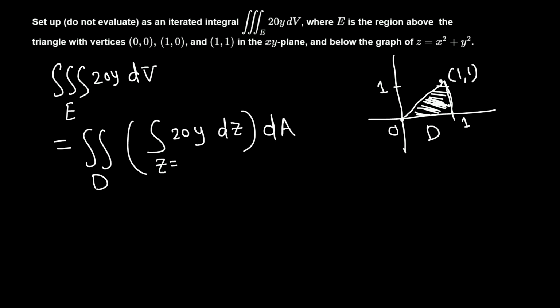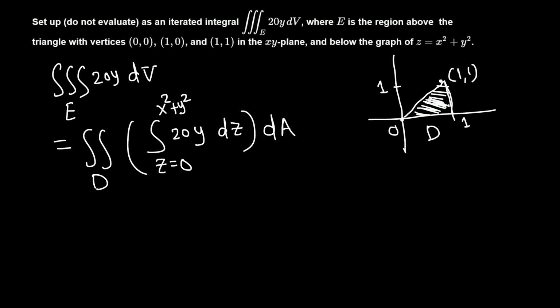Let's first find the bounds for z. It says above the triangle, that's in 2D, so z is 0, and below the graph of g equals x squared plus y squared, so that goes on the top: x squared plus y squared.